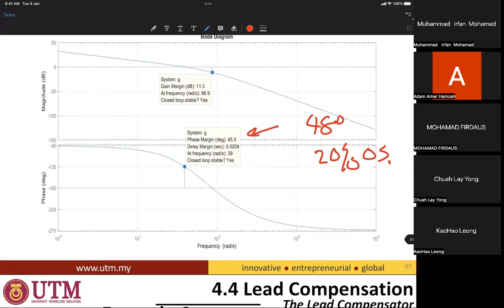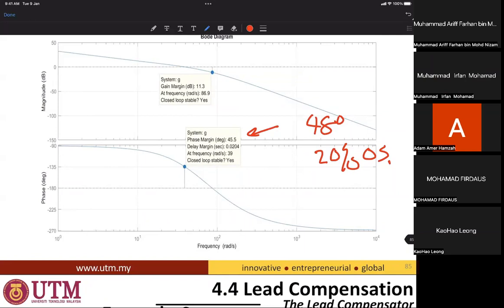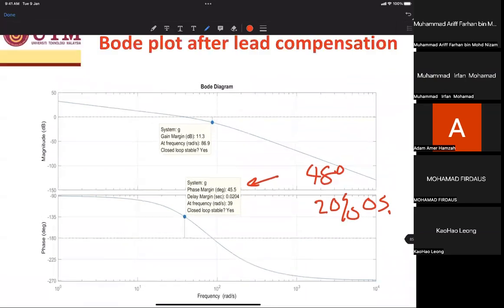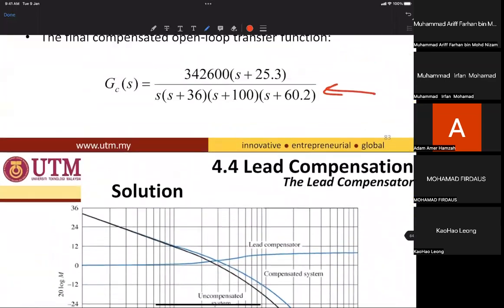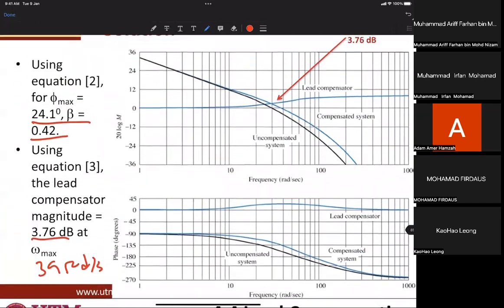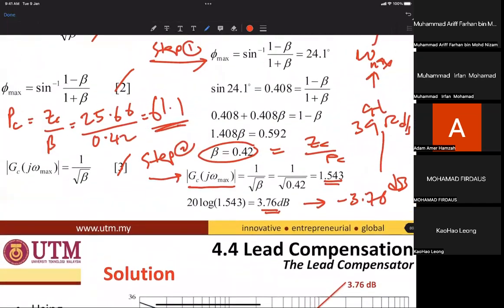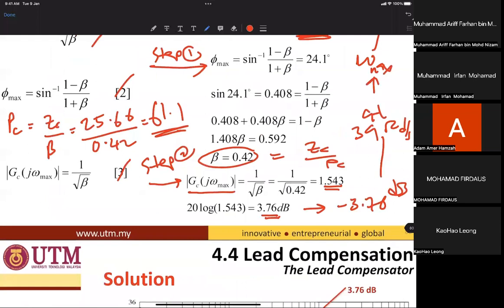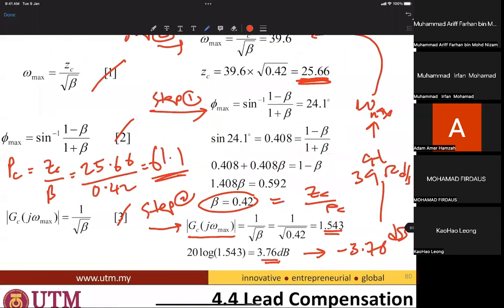So in terms of solutions, for the lead compensator, we use the Bode plot given just to get the 3 values that I mentioned, which are the phase margin maximum, magnitude maximum, and the frequency maximum.